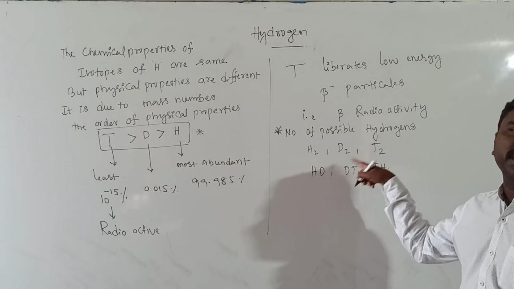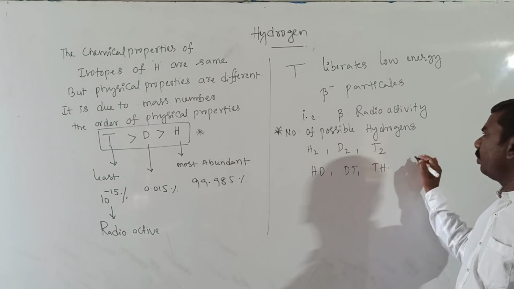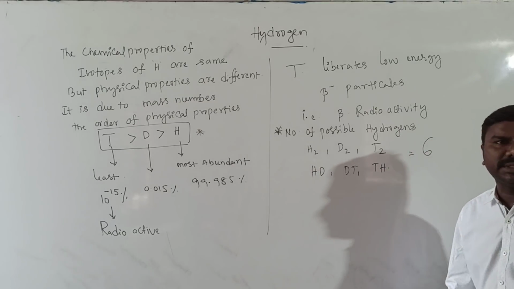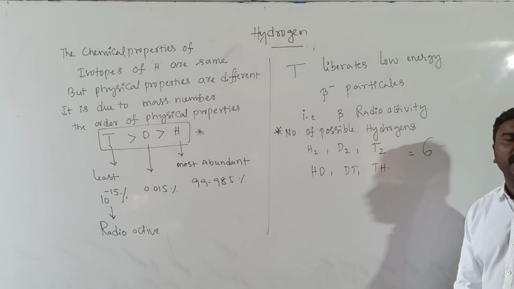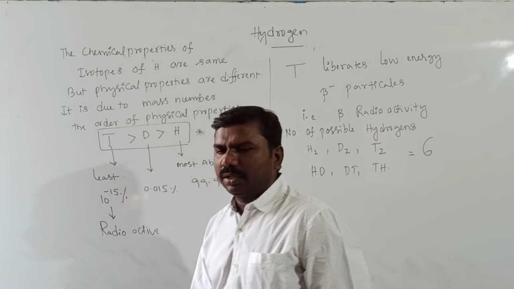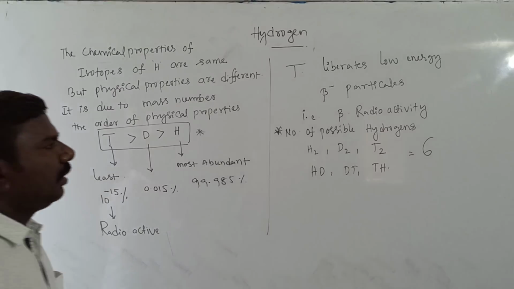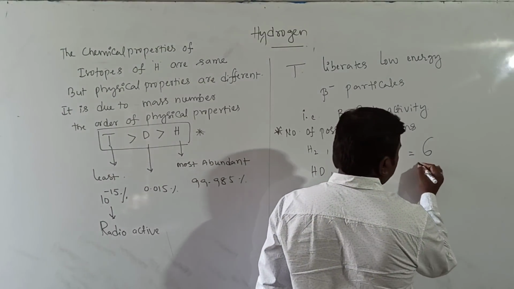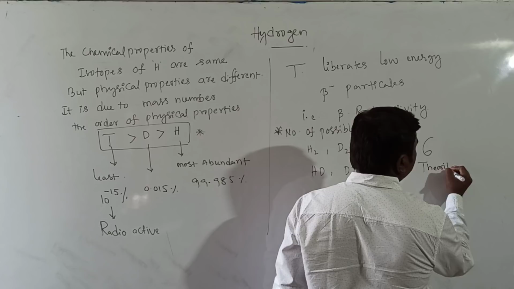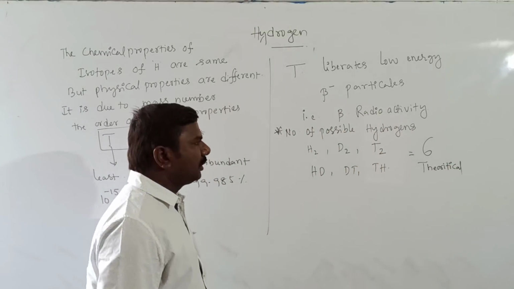These all have almost the same properties. That's why the number of possible hydrogens is 6. Very important. Right? The number of possible hydrogens is totally 6. This 6 is theoretical. Remember, it is not experimental.